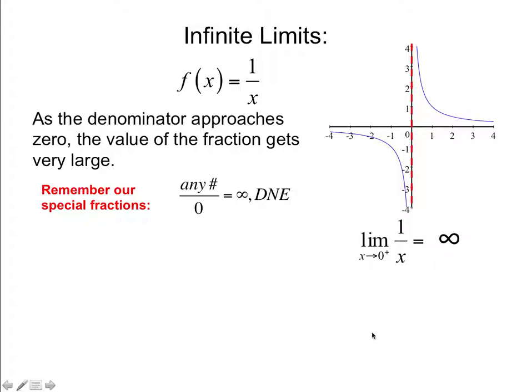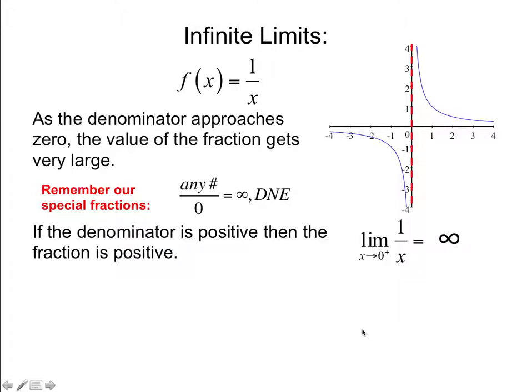And if we look on the other side of the asymptote, just a comment here, if the denominator is positive, this whole fraction is positive, that's why it's going to positive infinity. If we look at the other side of the asymptote, now it's 1 over a number that's getting very close to 0, but it's coming from the smaller values, the values less than 0, and those values are negative.